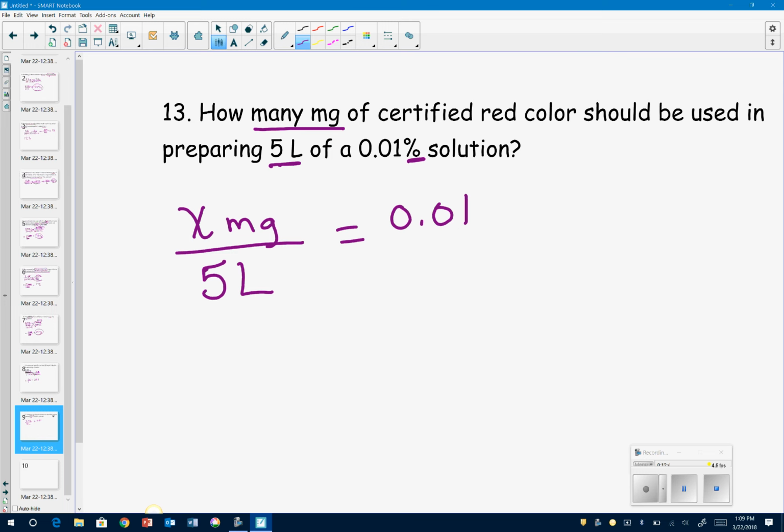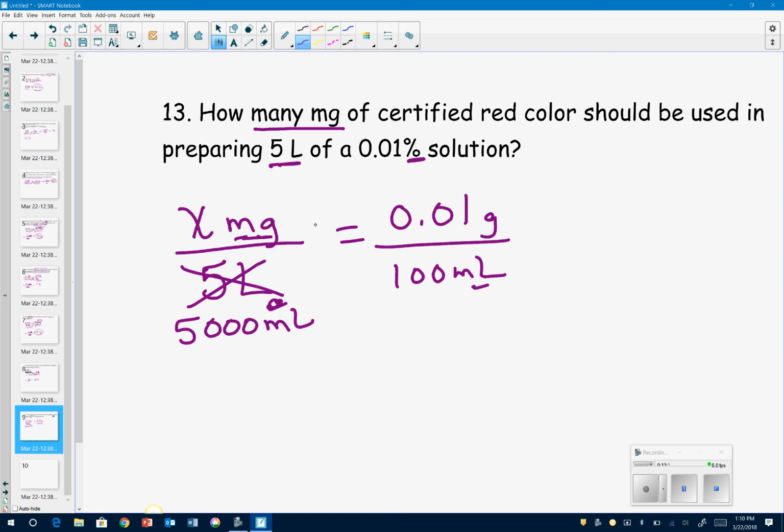But remember, percent is always grams, and you always have 100 milliliters underneath it. If you look at your units, you have milliliters and liters. Those are different units, so you have to change your liters to milliliters. Again, the easiest way is to multiply it by 1,000. So it'd be 5,000 milliliters.